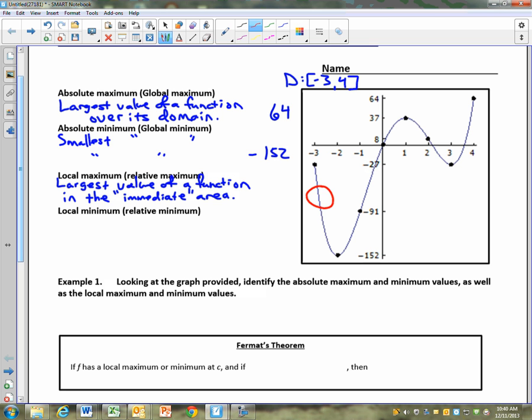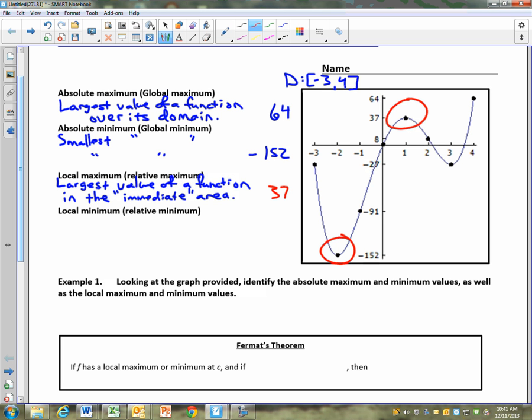But notice if I just switch my immediate area to say right here, let's see. If I move to the right, the graph goes up. If I move to the left, the graph goes up. So in that immediate region right there, this would be the smallest value. So it is the local minimum or relative minimum. This one would be what we refer to as a local maximum. So the local maximum value is going to be 37.